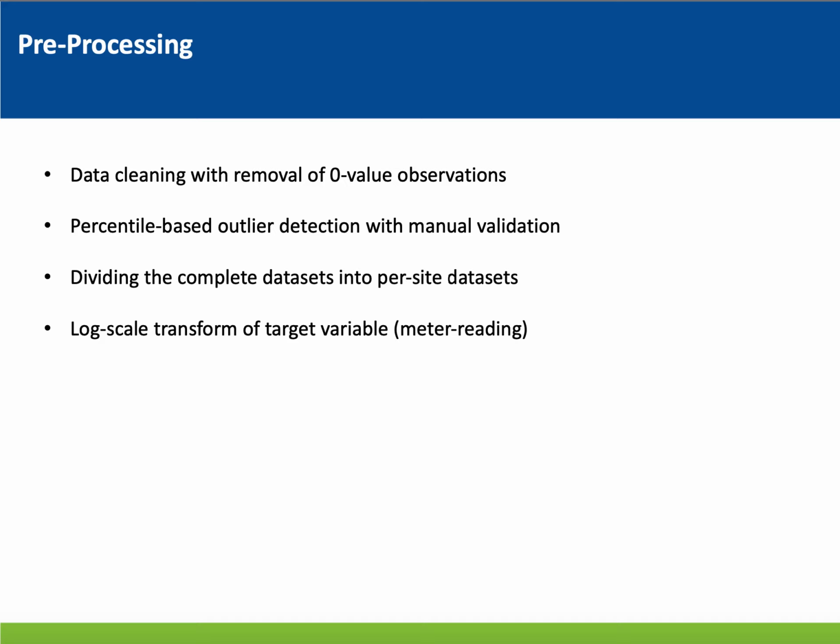All this analysis and outlier detection and removal was done for every site individually. In terms of the target variable on which the model was built, it was the meter readings of the 4 meters, and instead of using the raw values, we used a log transformed value for the model.